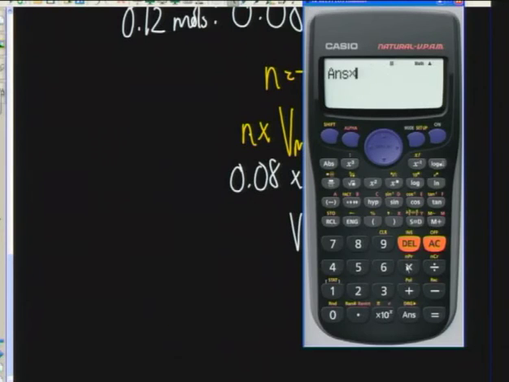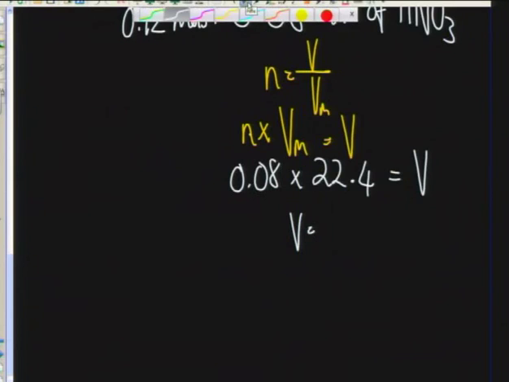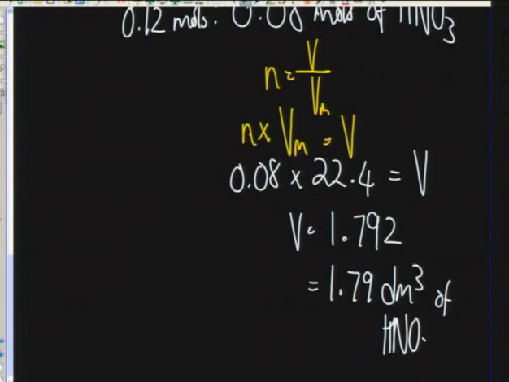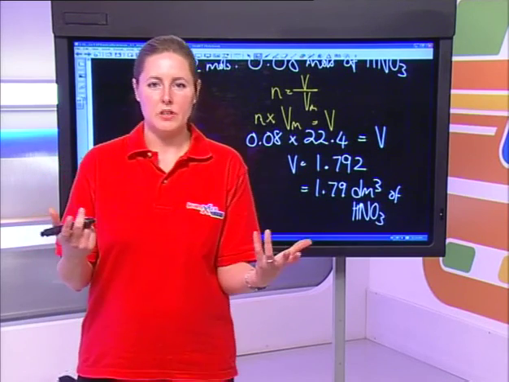It's going to be 0.08 multiplied by 22.4 equals 1.792. So going back here, 1.792, and let's round that off, 1.79 decimeters cubed of HNO3. Okay, that's the final answer in terms of what is produced.